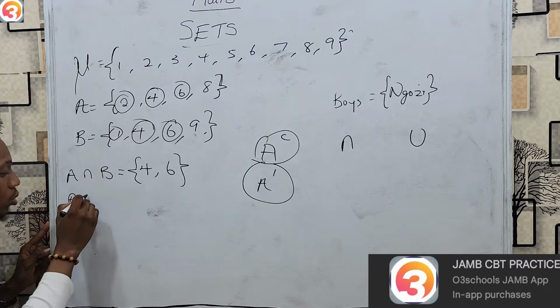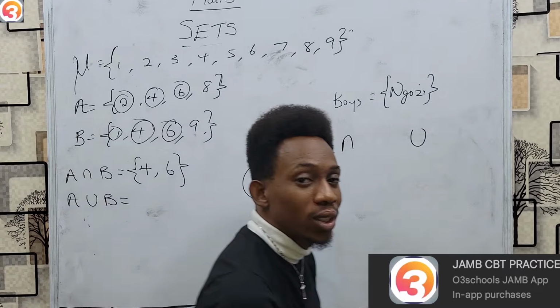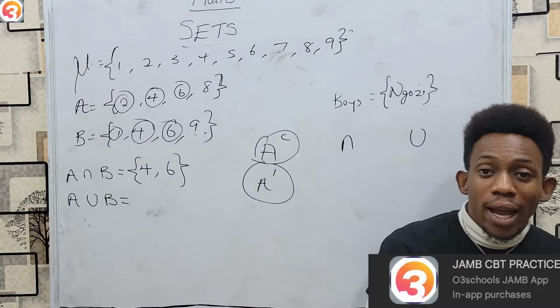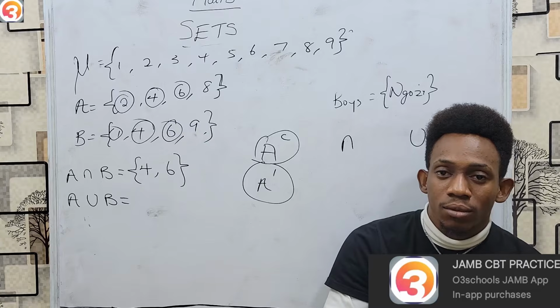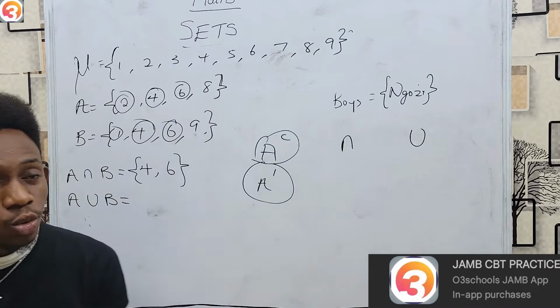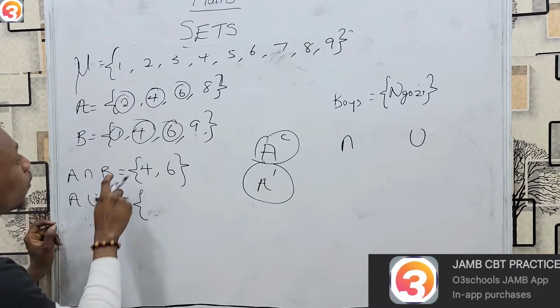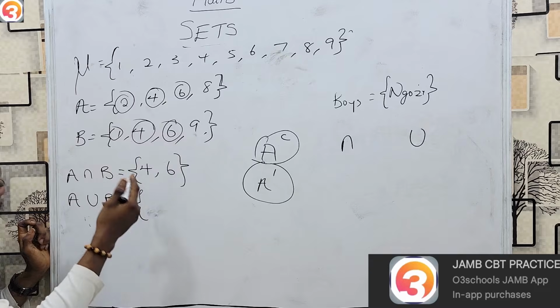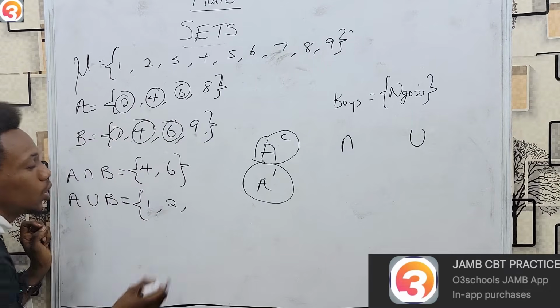However, the union requires you to simply take everything in both sets, but for those that appear in both, take them only once. Implying I should be having, let me go in numerical order, I take 1, I take 2.